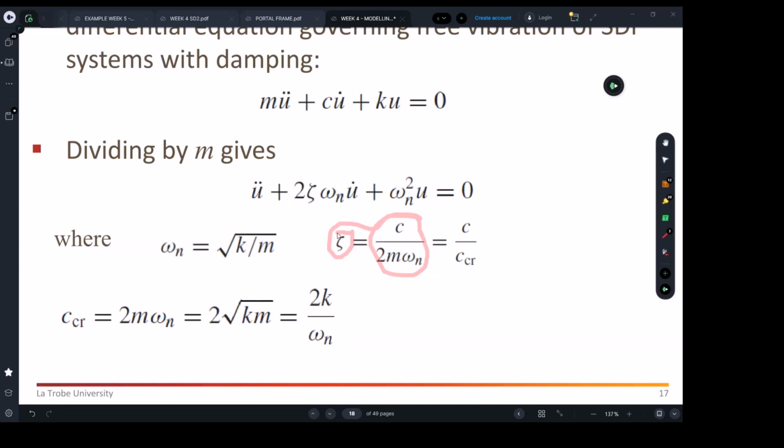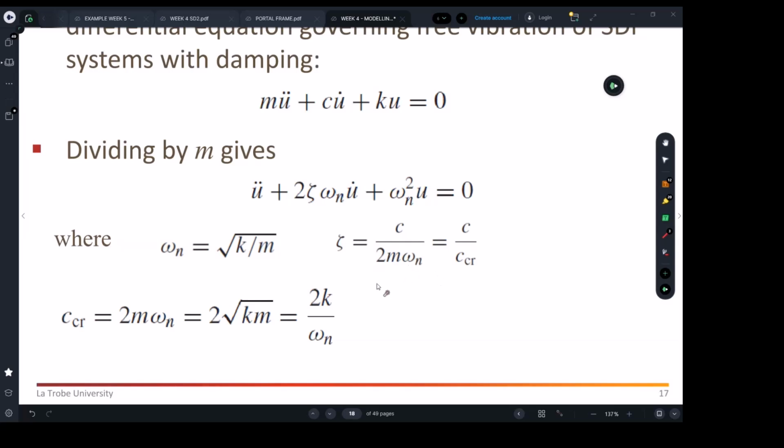This is called the damping ratio. And this, by the way, is called the damping constant. The damping ratio can be defined as the ratio between the damping constant of the system over the critical damping, where critical damping comes from multiplying 2 by the mass by the natural frequency of the system.